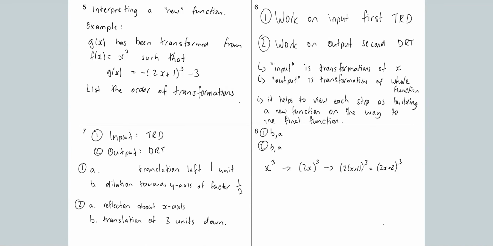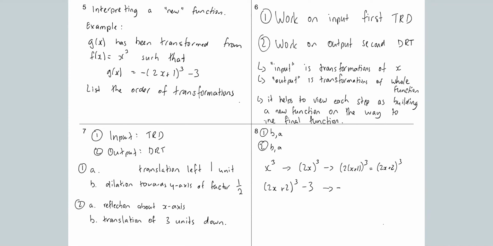So reflection about the x-axis. So that's just a negative to the entire thing. Oh, sorry, I'm doing it in reverse, aren't I? Translation of 3 units down, which means that the whole function, which is 2x plus 2 all cubed, now has 3 taken away from it. Then reflected about the x-axis.